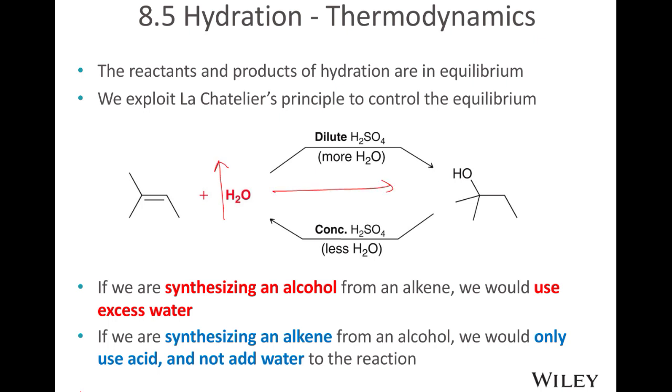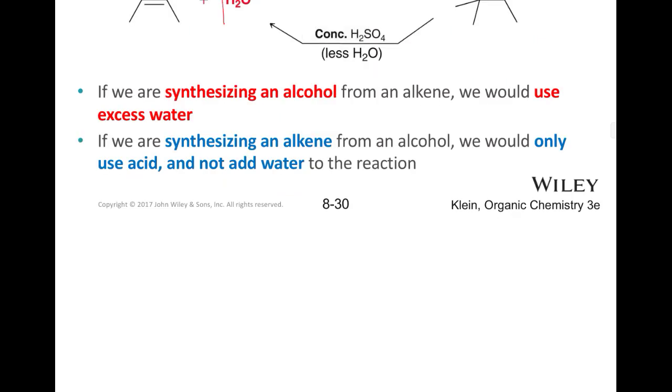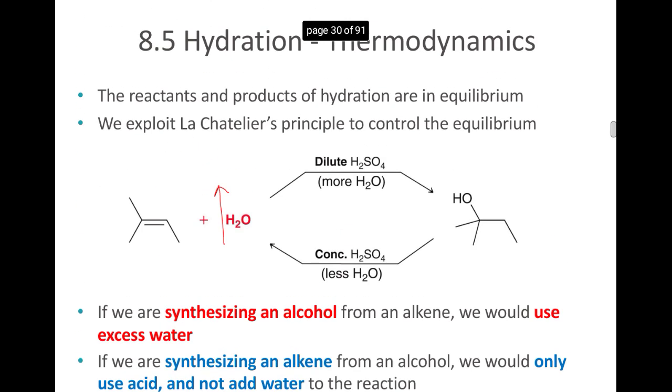So if we want to form the alcohol, we're going to use dilute sulfuric acid. And if we want to form the alkene, then we would use concentrated sulfuric acid, because then we would reduce the amount of water, which would push the equilibrium to the left.